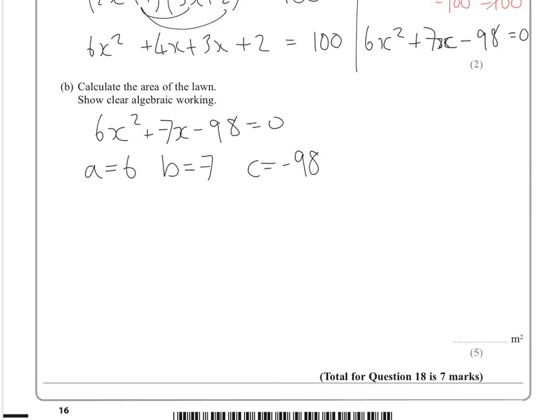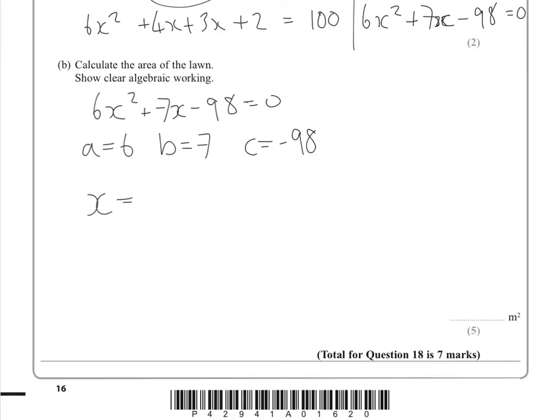If you sub those in, you get solutions for x to be minus 14 over 3 and x equals 3.5. Now, because x is a distance, it cannot be a negative number, so the only solution for x is 3.5.